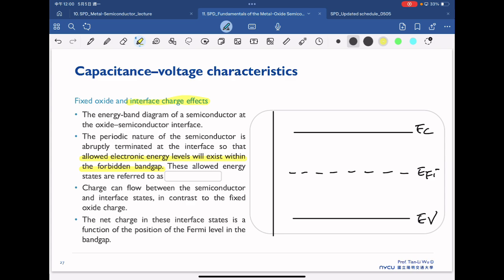We have already mentioned that this is our silicon, and at this interface the silicon surface will be terminated, and once terminated we can foresee that there will be lots of allowed energy states here in this interface. So this allowed energy state is what we call the interface state.